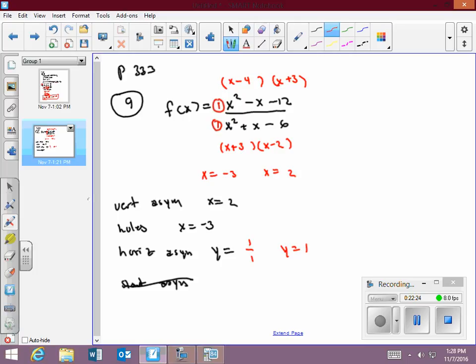Vertical asymptotes and holes. Okay? I'm trying to go slow enough so you understand. That's why I don't ask for the domain, because domains, verticals, and holes are all related. You understand? Okay.